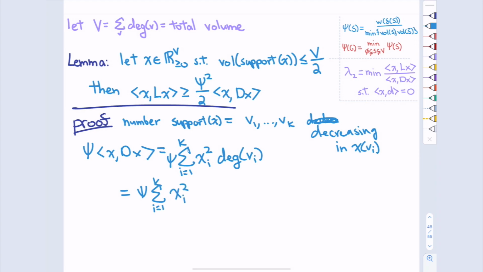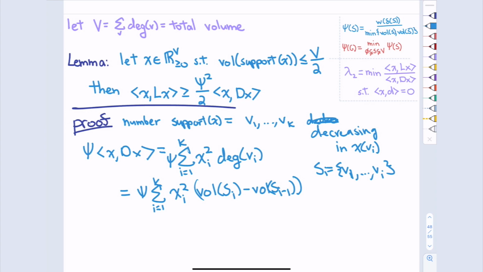Xi squared times the volume of Si minus volume of Si minus 1, where I'm going to let Si equal the first i vertices in this ordering, because I'm only adding the ith vertex, which carries degree Vi. Right?